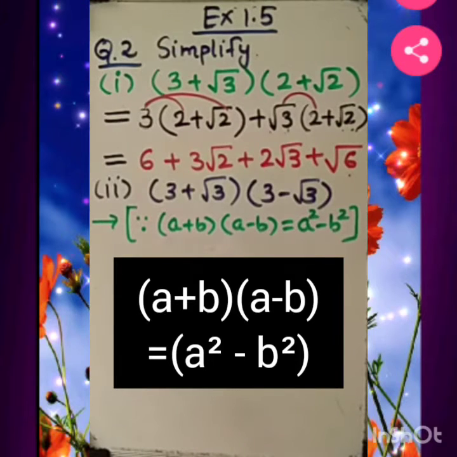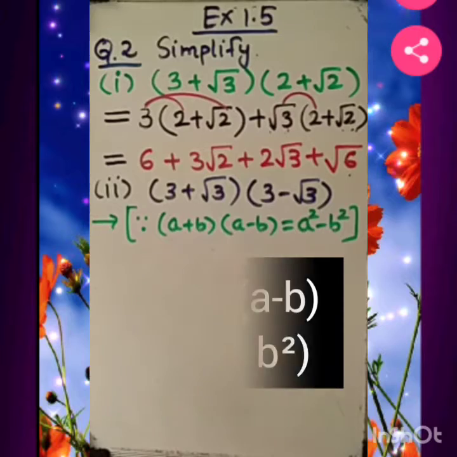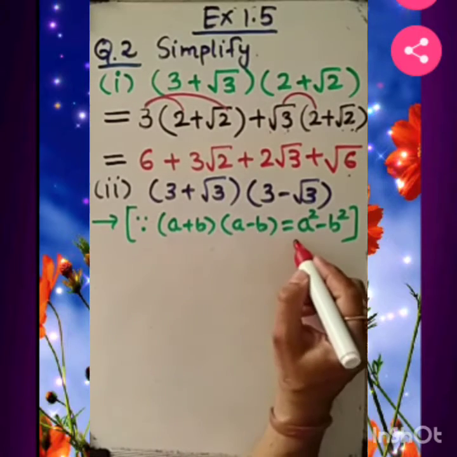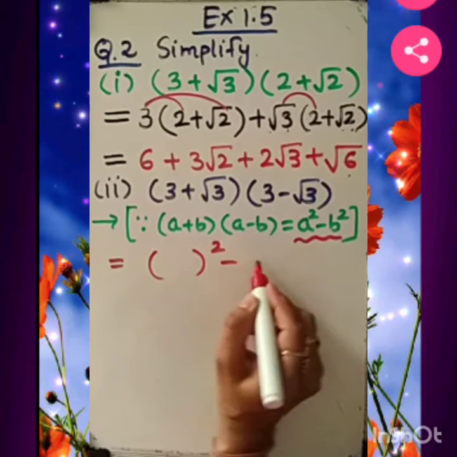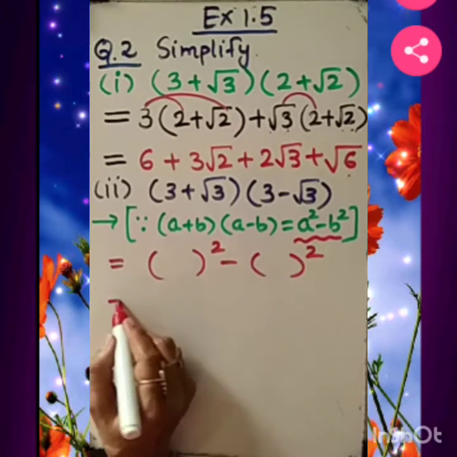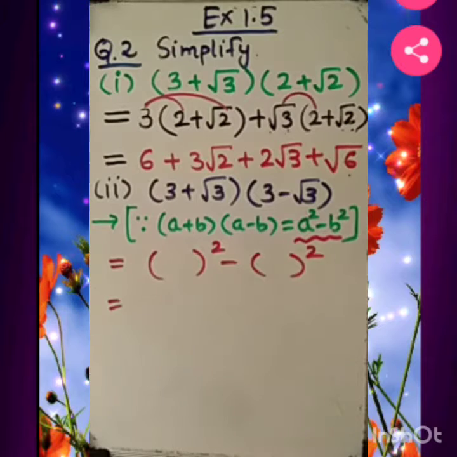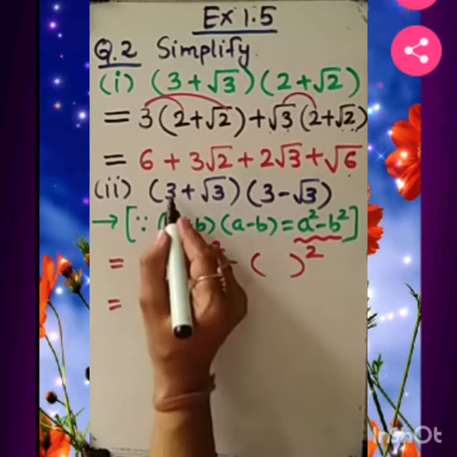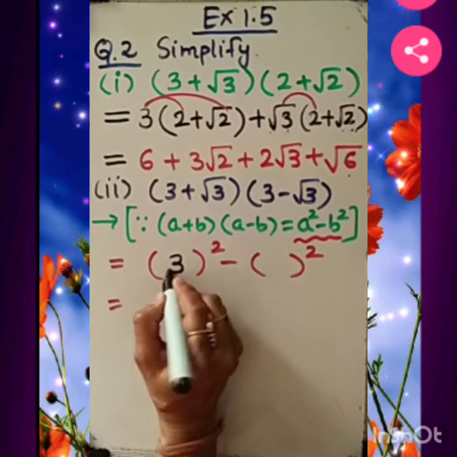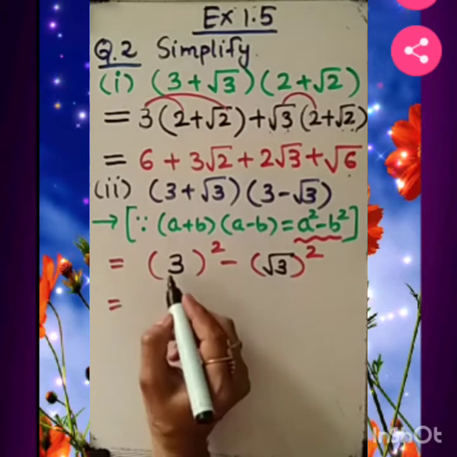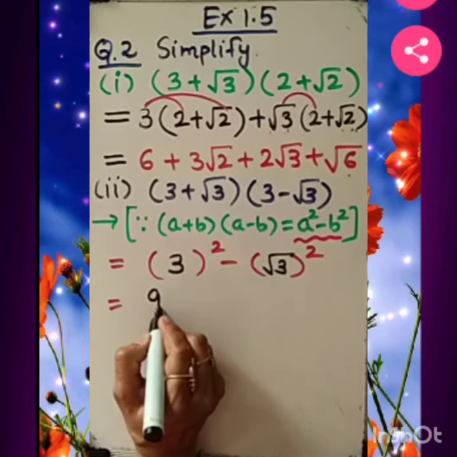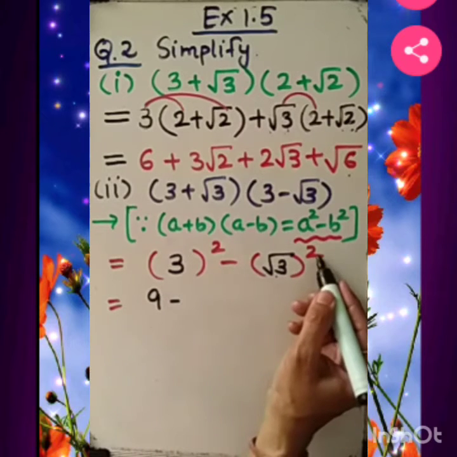So what do we have to do here? Same procedure. As the result is with us, here we will write A square minus B square. According to the question, our A is 3, and what is B? That is root 3. Now we know 3 square is 9. And what about root 3 square?